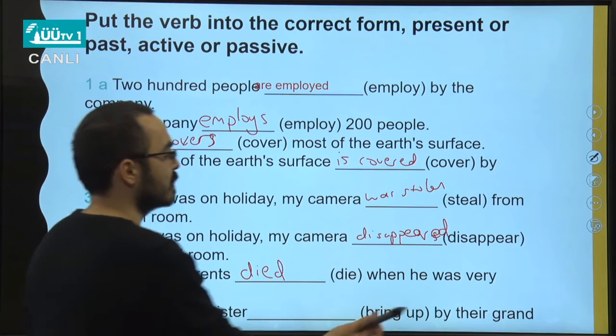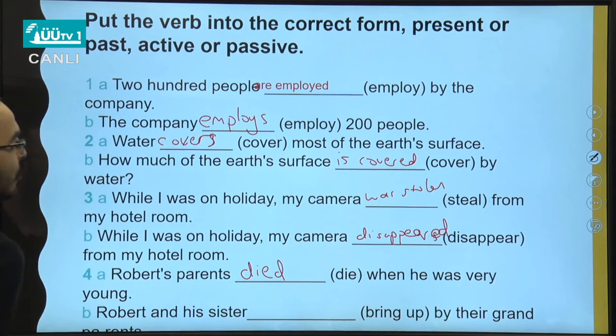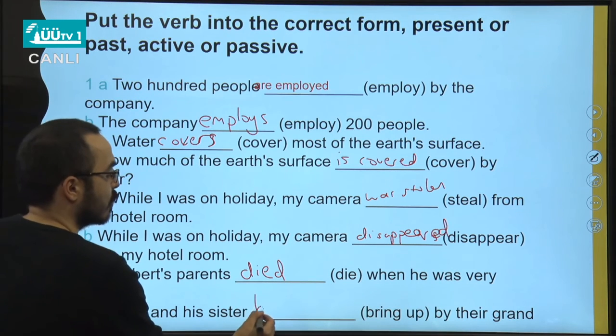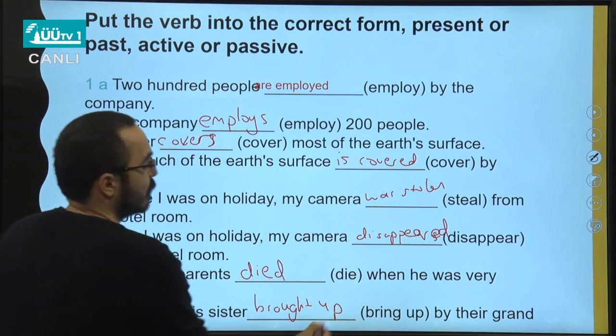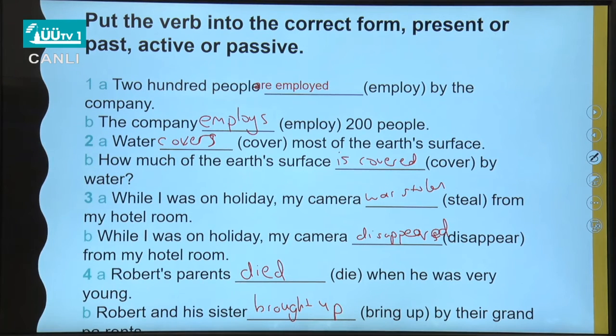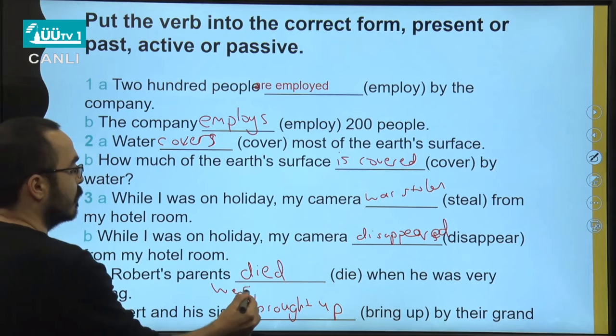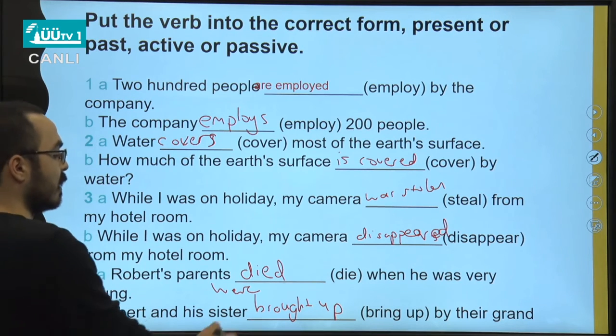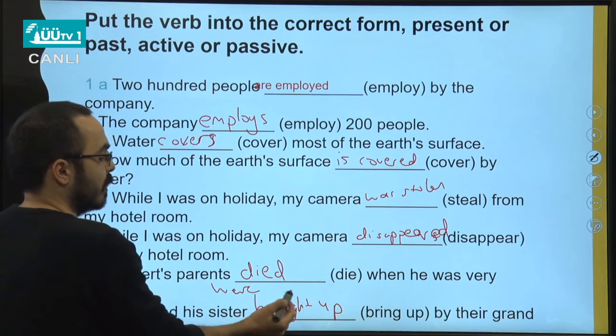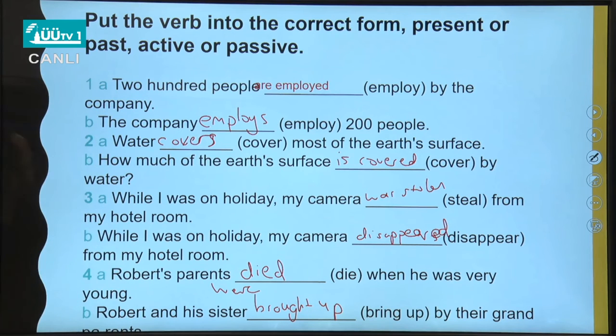So I need to make this verb into the verb 3 version. So brought up, right? Were brought up, sorry. Why were brought up? Because of the passive voice, right? Be plus verb 3, this is were brought up.